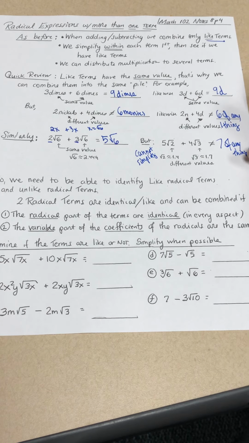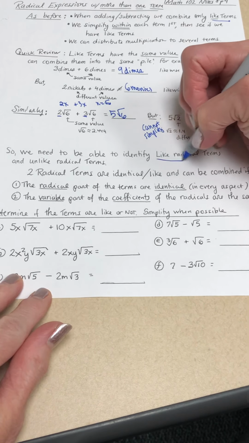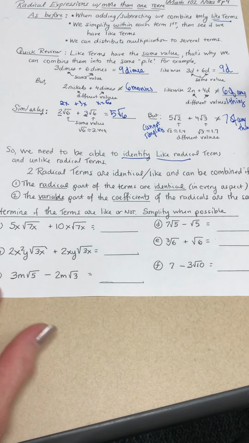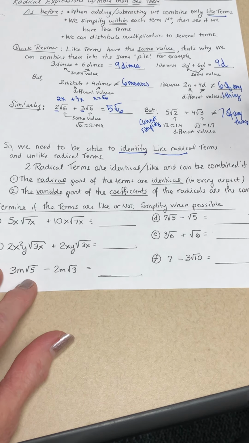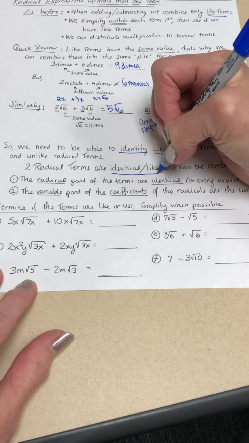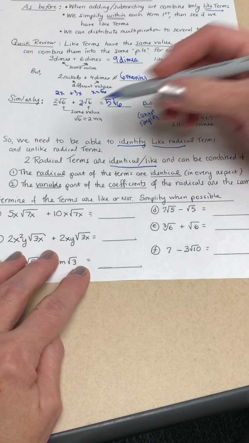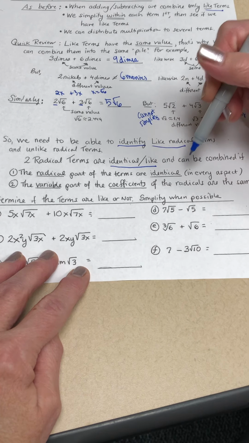So what we need to do is to be able to identify like radicals, or know when they're unlike. So here's when 2 radical terms are identical or like. There's a couple things you have to check. The radical part of the terms, they have to be identical.